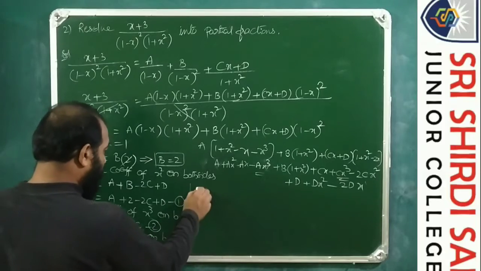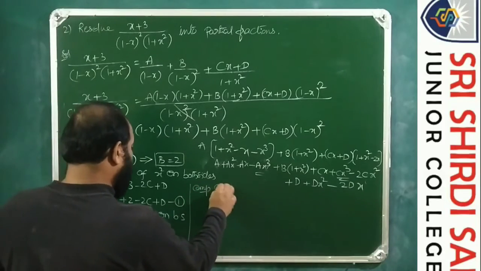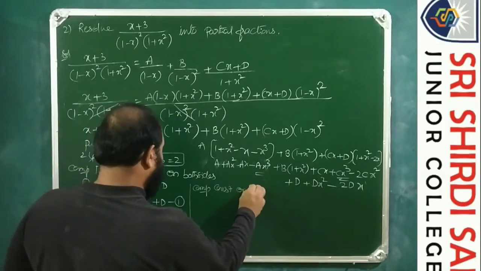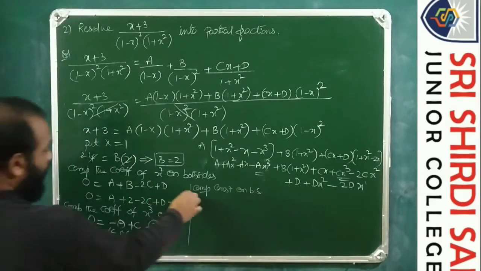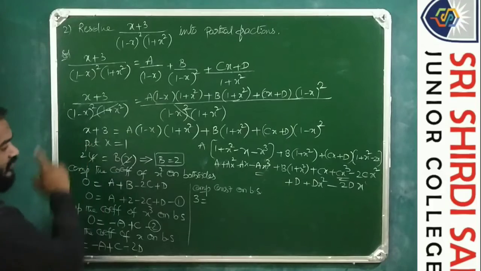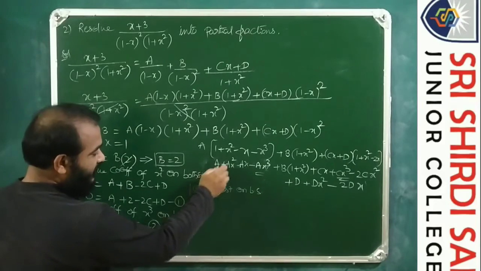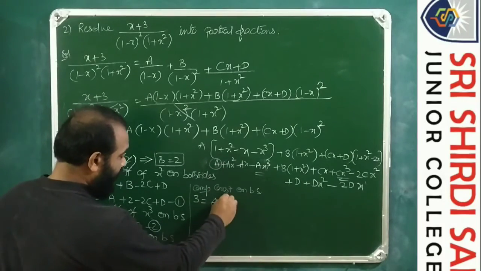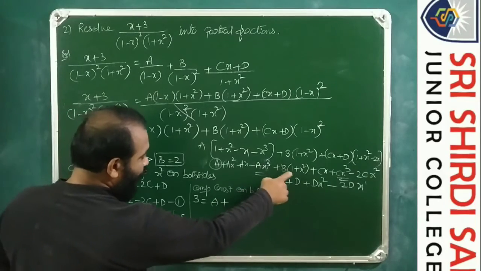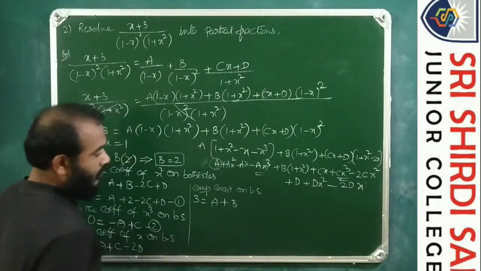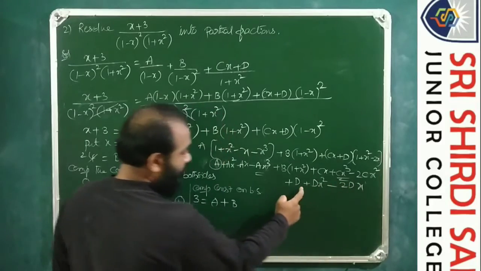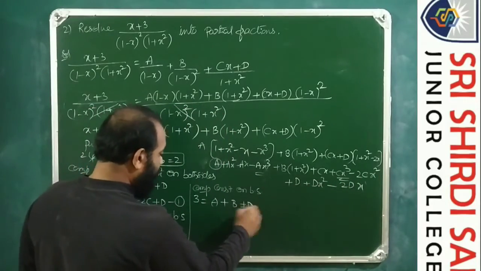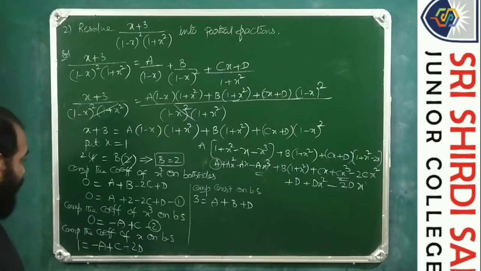Now comparing constants on both sides, we get 3 as the constant in the LHS. Here the constant is a plus b into 1 is b, plus the constant here is d.